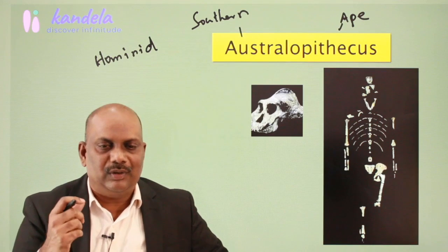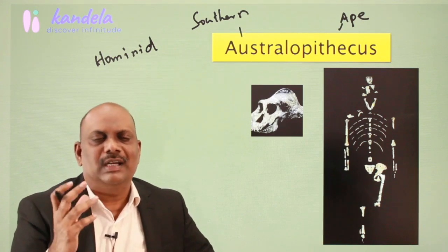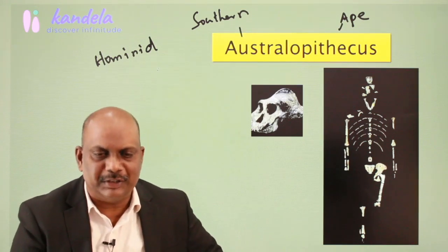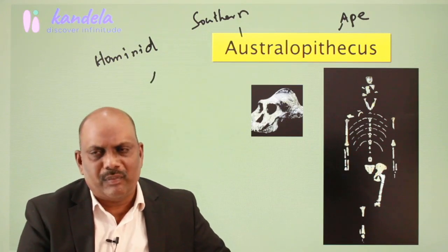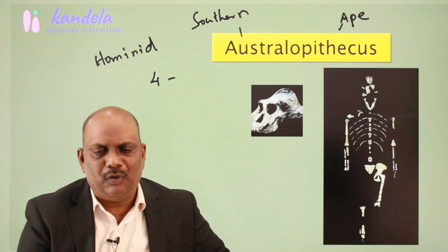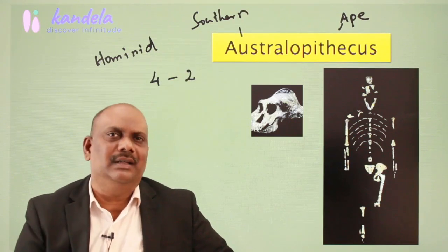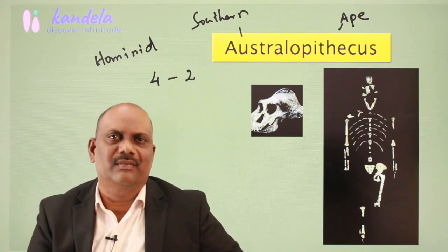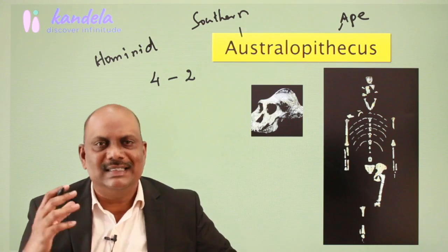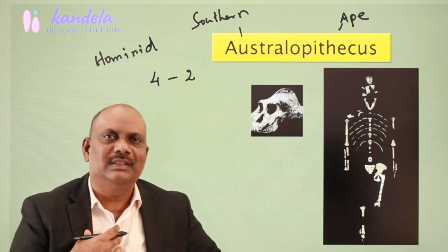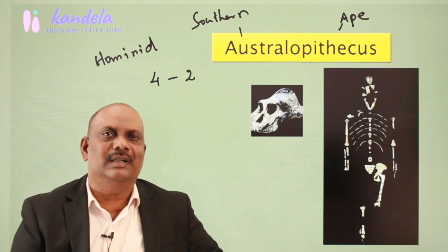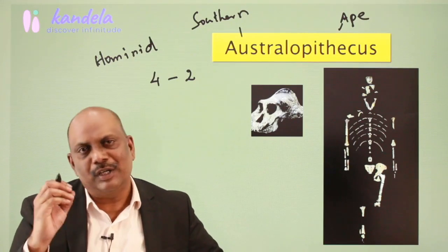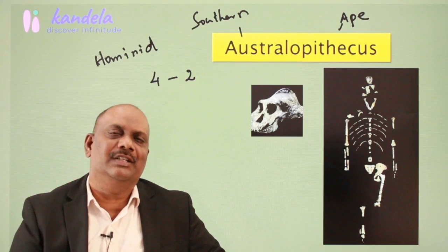So Australopithecus includes a collection of hominid species which lived roughly between 4 to 2 million years ago. And it is considered that we human beings evolved from, or descended from, the Australopithecus. That means Australopithecus were our human ancestors.